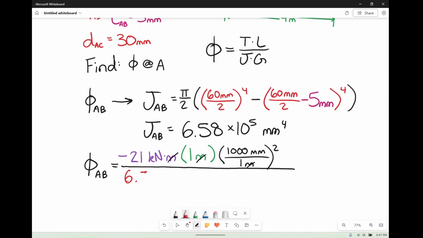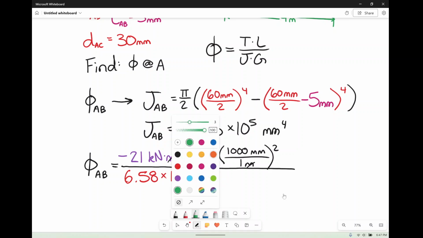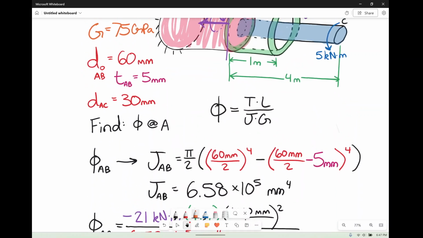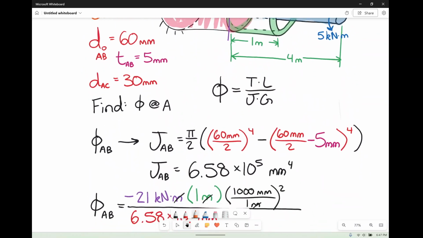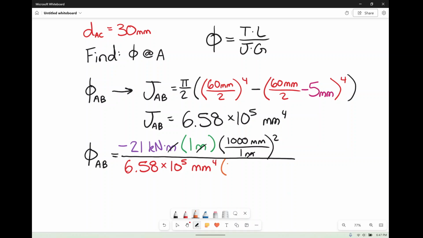So that's 6.58 times 10 to the 5th millimeters to the 4th. Then times G, and G we had up here in orange was 75 gigapascals. So remember that a gigapascal is a kilonewton per millimeter squared. So now we've got millimeters here, millimeters, millimeters, millimeters, and we've also got kilonewtons and kilonewtons.